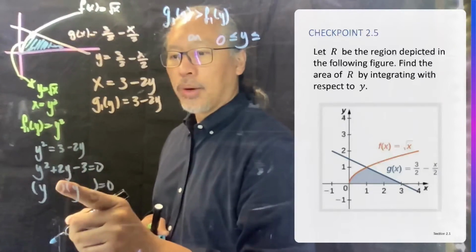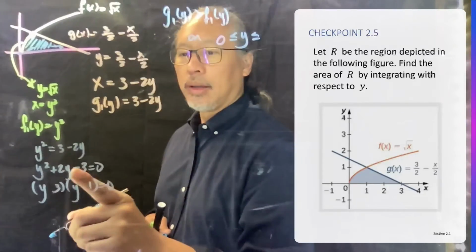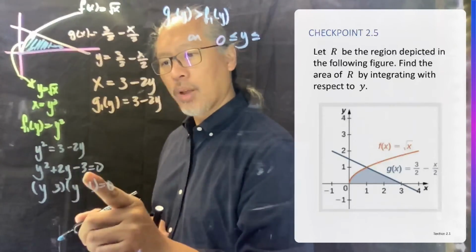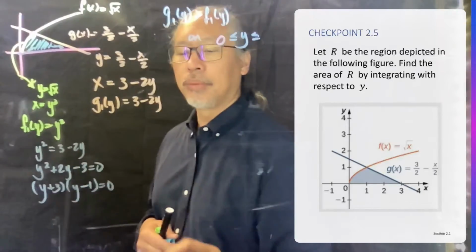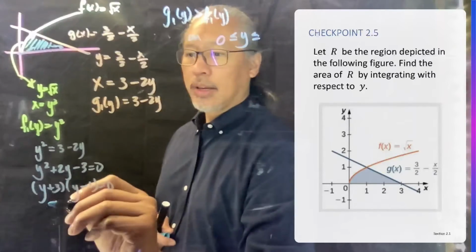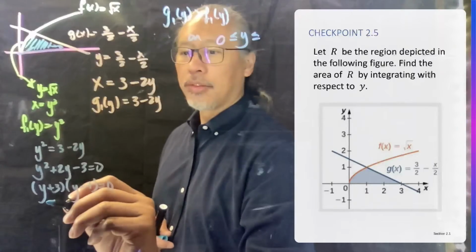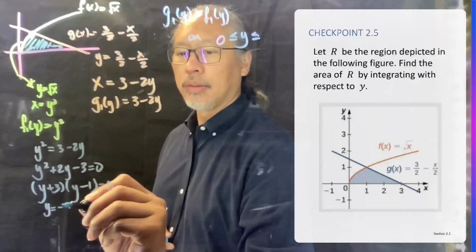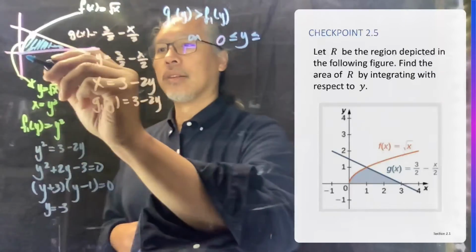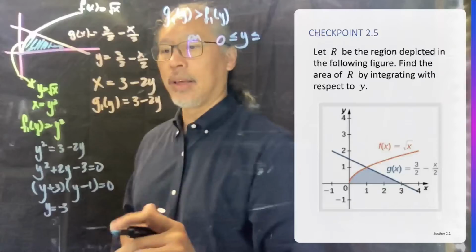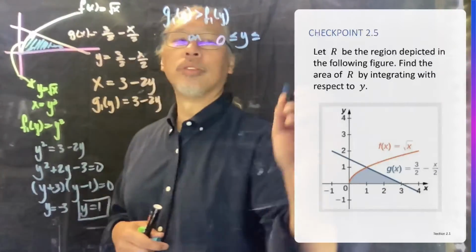We're going to get 3 and 1. One of them is positive, one is negative, so the one with the 3 is negative. So they intersect at y is equal to -3, which is not in the picture because that's below the x-axis. So it looks like this thing's going to loop back and intersect later. But they do intersect at y is equal to 1, which is what we were looking for.